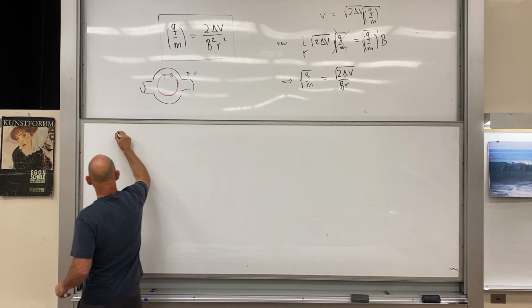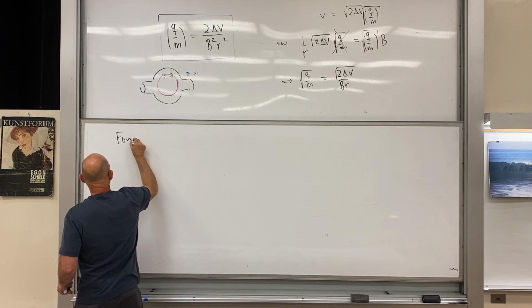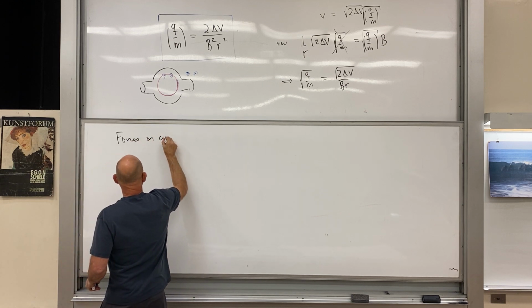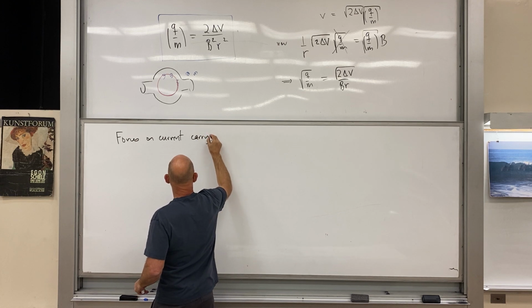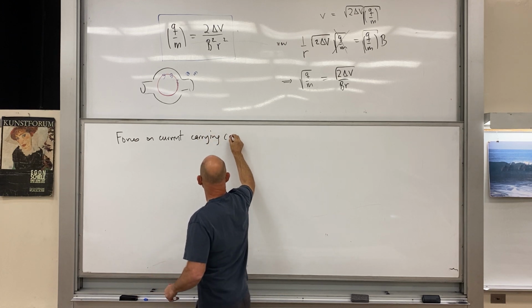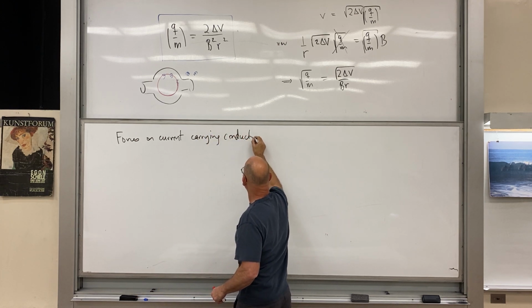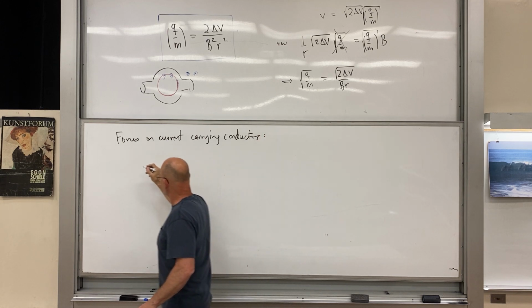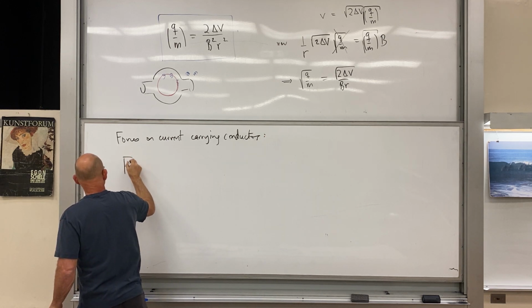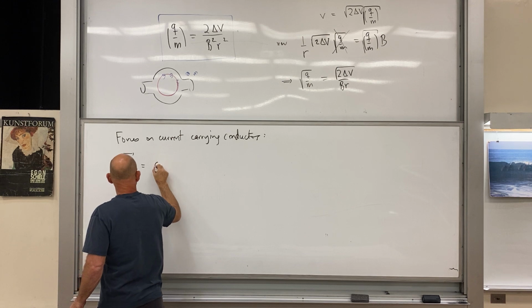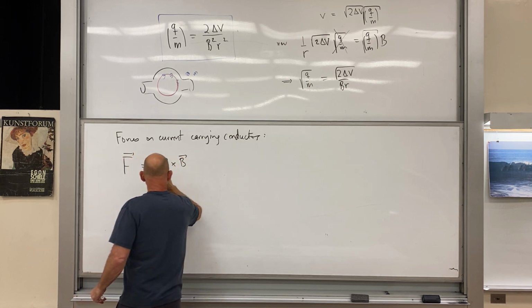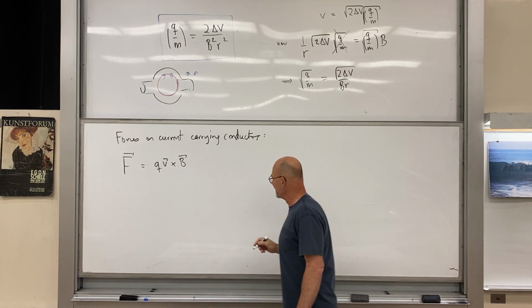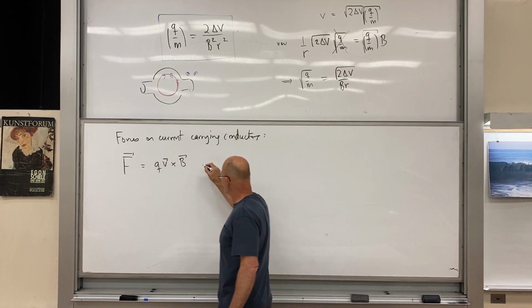So, forces on current carrying conductors. And what we do is we just begin with this force that we had, F equals QV cross B, and now we just generalize.